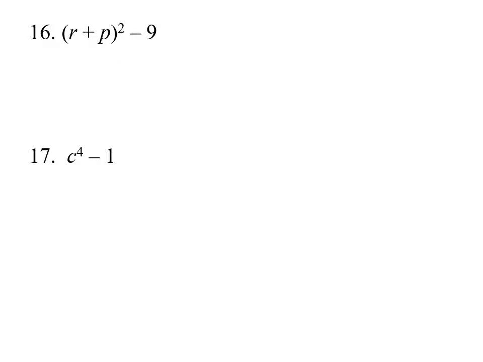Okay, these are also the same rule. The same a squared minus b squared equals a plus b and a minus b. They're a little bit more complicated. This first one, you have r plus p squared minus 3 squared. So you can write it as a squared something minus a squared something.